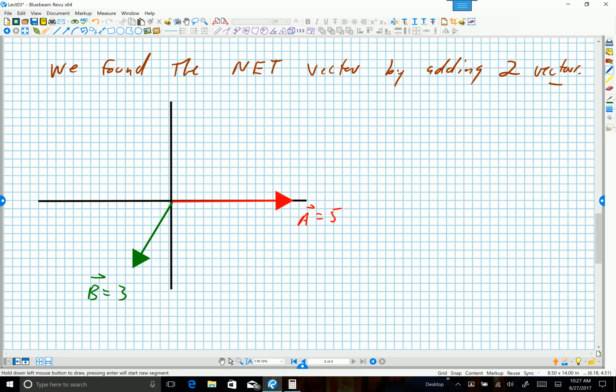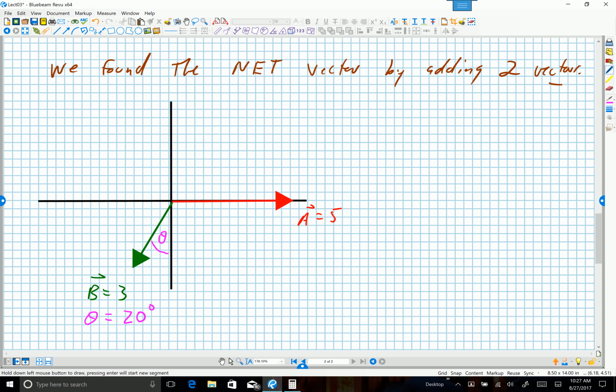It is now off the axis lines. And I still represent it as B vector equaling 3. That's the length of the vector. I've got to show more information so you can see the angle. Here is theta, and we're going to say theta equals, let's say, 20 degrees. Okay, not plus, not minus. I don't care about rotation, counterclockwise, clockwise. Just the angle in between those two lines where I've got the arc shown is 20 degrees.